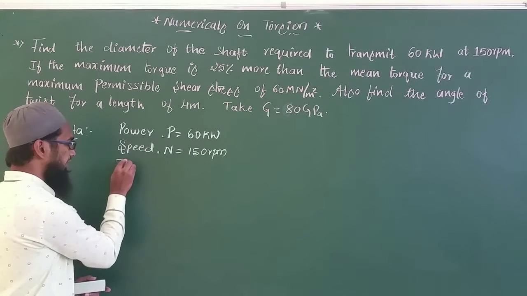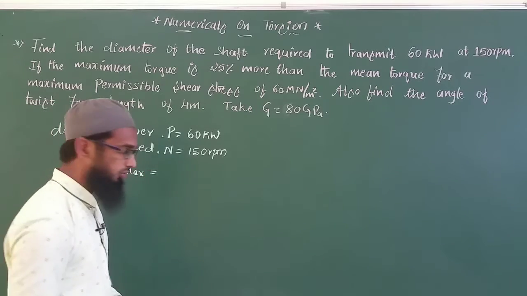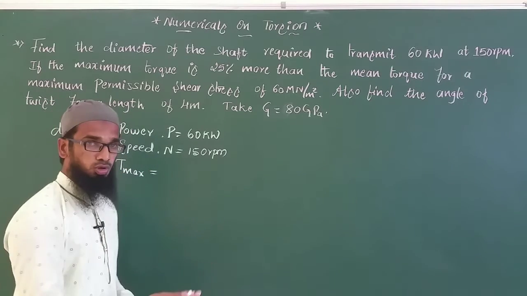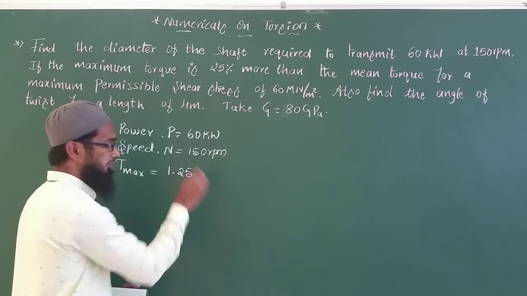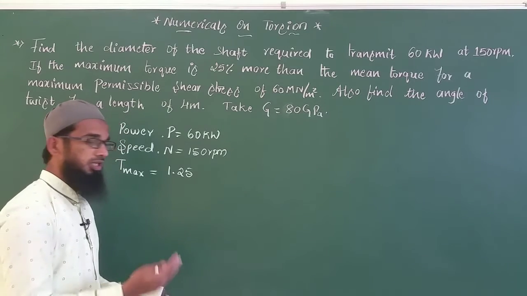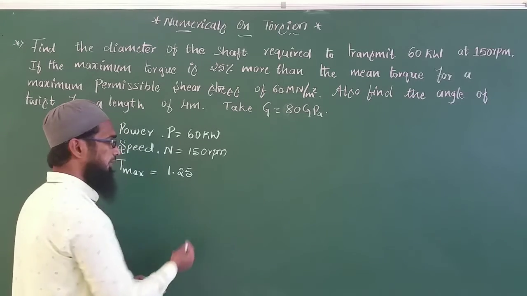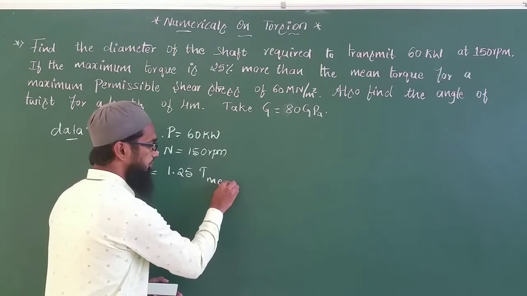This means I have to take T maximum as 1.25 times the mean torque. If, suppose, it were 20% more, I would take 1.20 times the mean torque. Similarly, here the maximum torque is 1.25 times the mean torque.